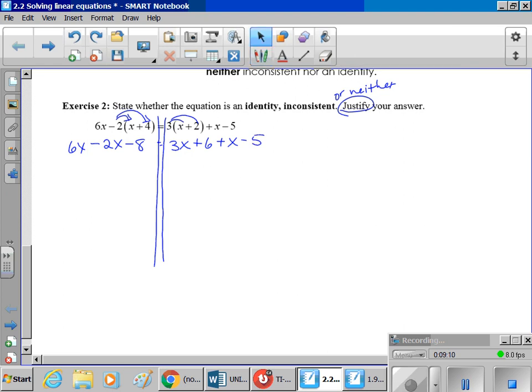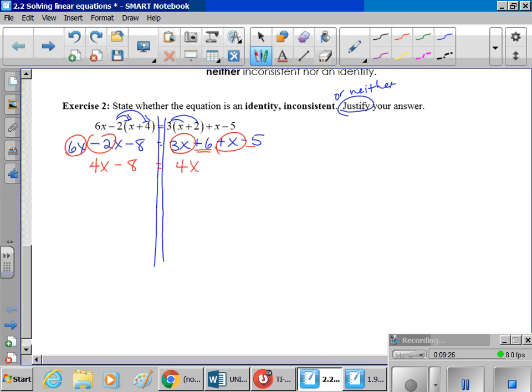Before we move on, we're going to combine like terms on either side of the equal sign. So 6x minus 2x is 4x minus 8 is equal to, here we have 3x plus another x is 4x. We have plus 6 minus 5, which is plus 1.